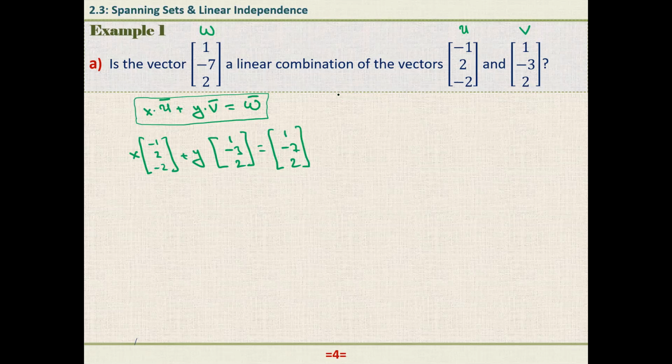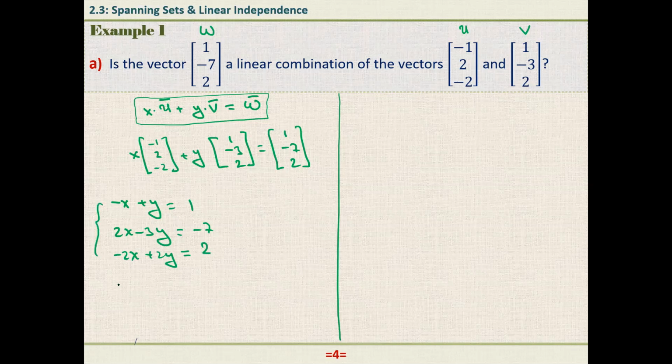Now we have already started solving the system. Here x is the variable. If you write this as a system, we have -x + y = 1, then 2x - 3y = -7, and the third equation, -2x + 2y = 2.